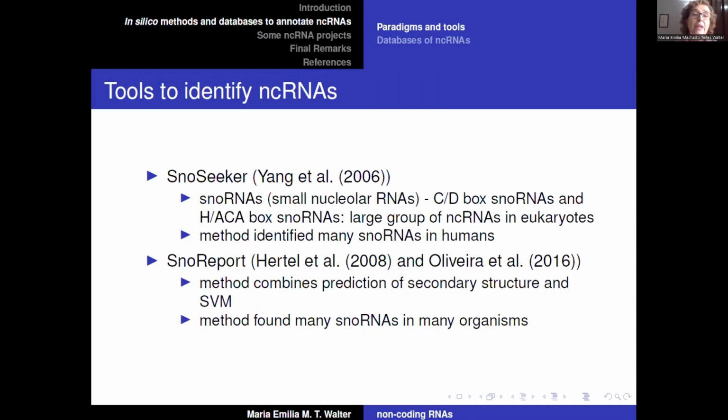We at the university also collaborated with them to improve this method, and we inserted an SVM also. This was a method to identify snoRNAs in organisms.